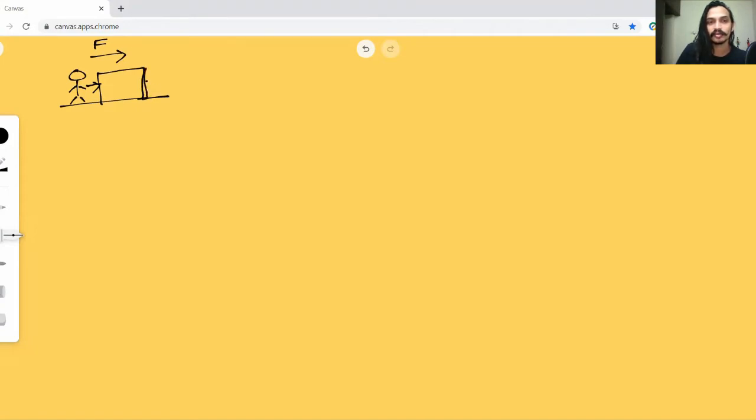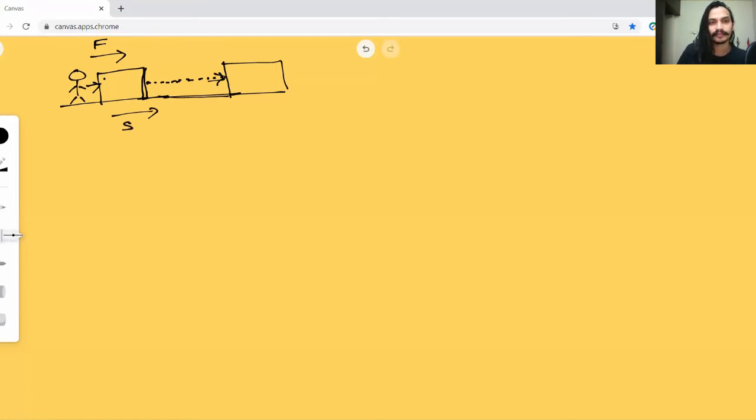Correct? If that is the case, what is happening to this box? It is going to move probably a few inches, feet, or meters, whatever it is, and then reach somewhere. Now, which direction did the object move in? It went from here to here, which is that direction only. Displacement is from left to right.